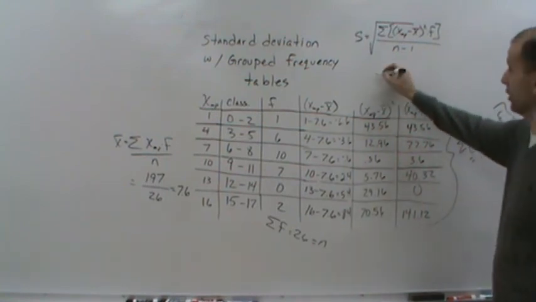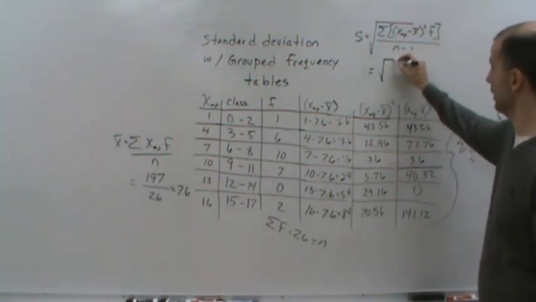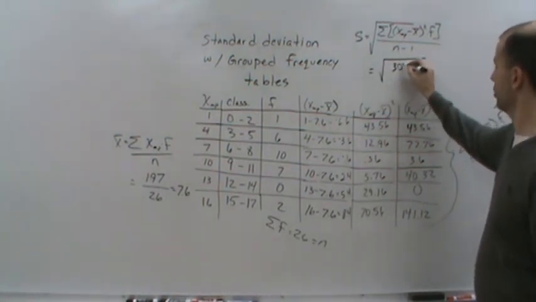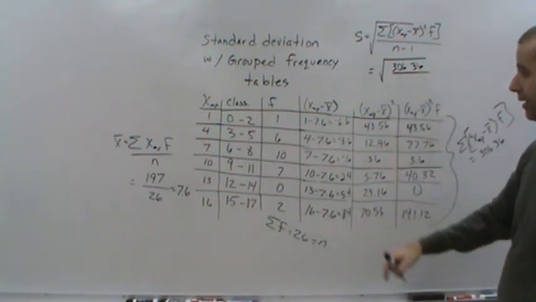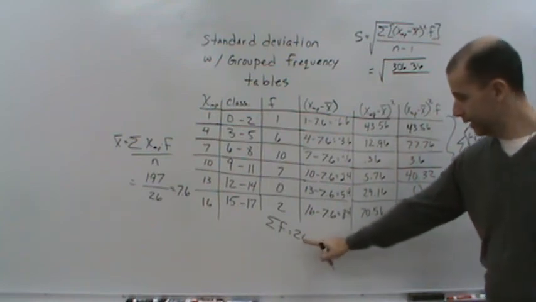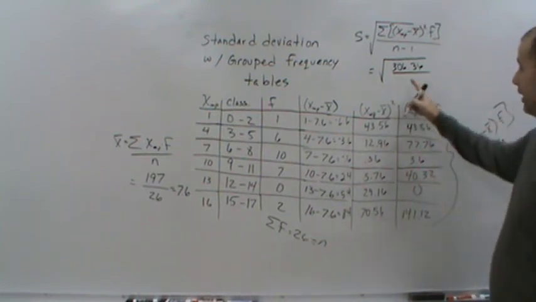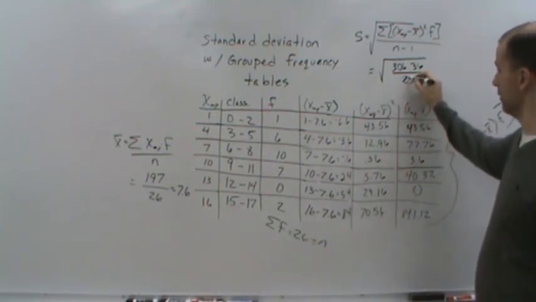So that's that piece here. So far I've got 306.36. Now what's n? Well, n is 26. So it's n minus 1, which is 25.